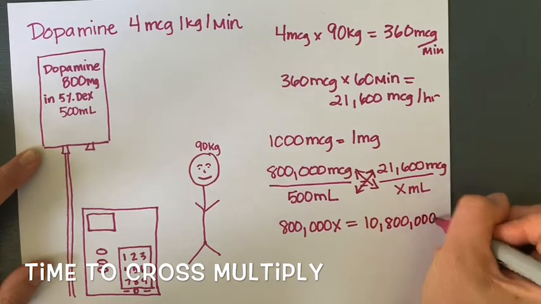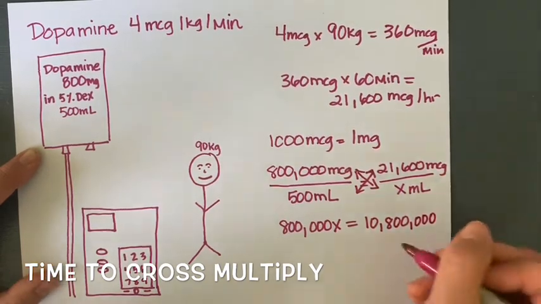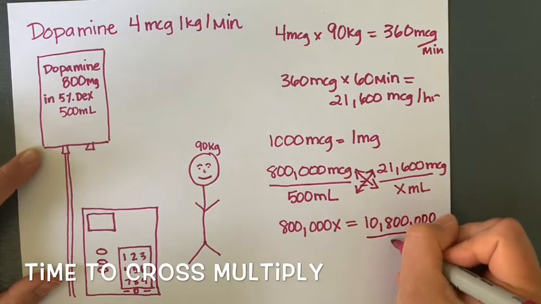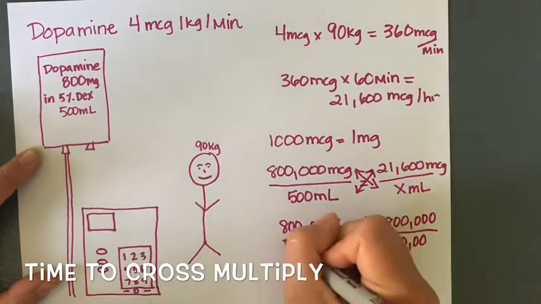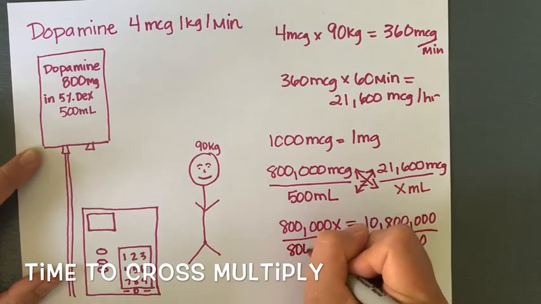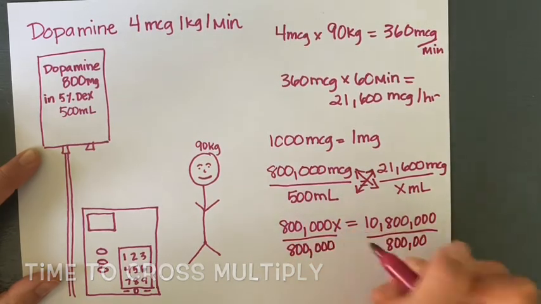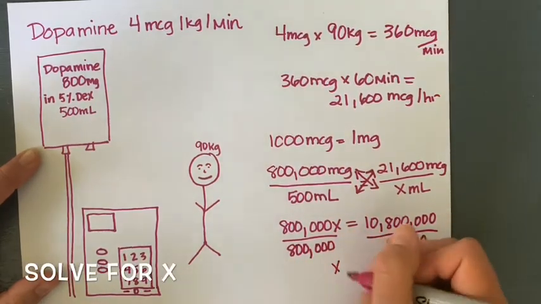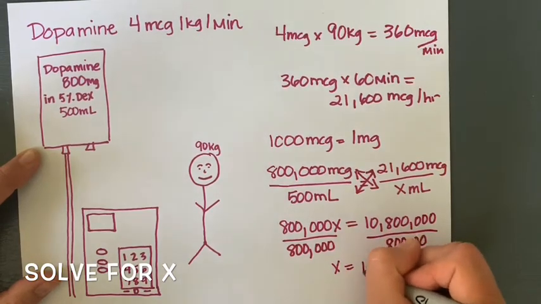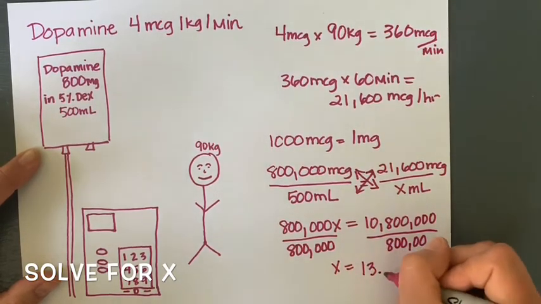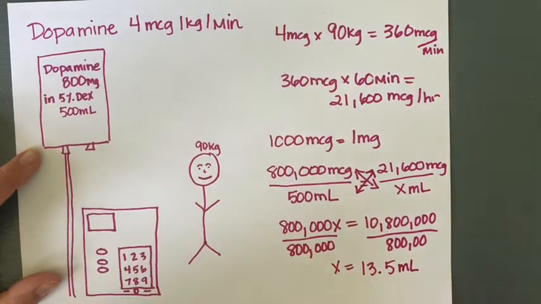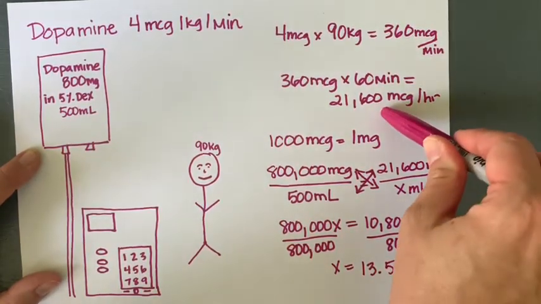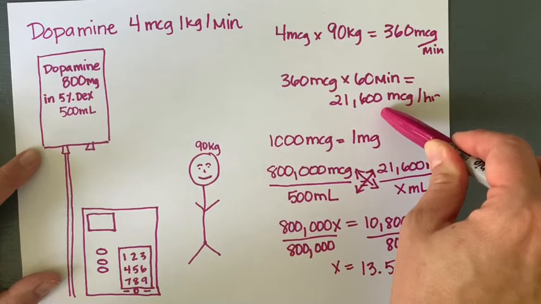But don't you worry, that incredibly large number will become incredibly smaller when we figure out for x. We divide both sides by 800,000, and x equals 13.5 milliliters. So, our patient needs 21,600 micrograms in an hour.